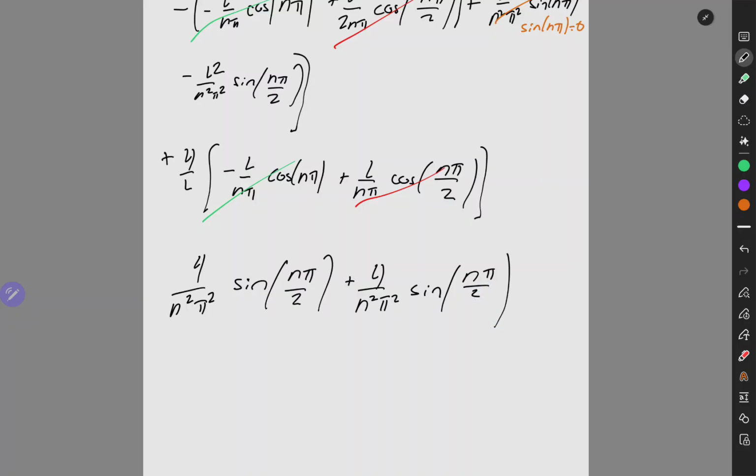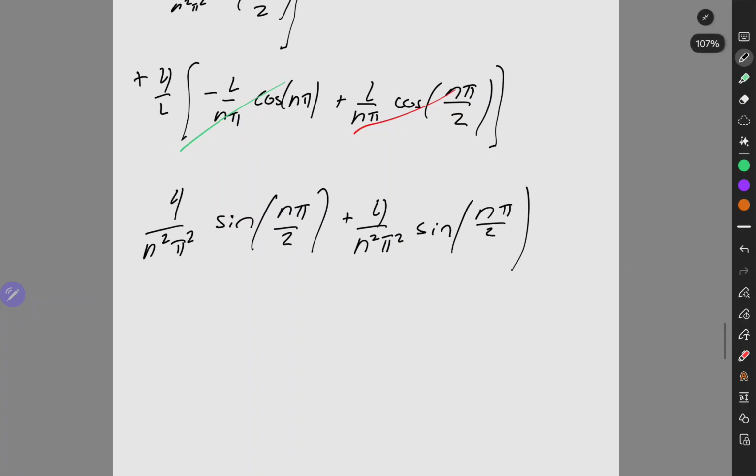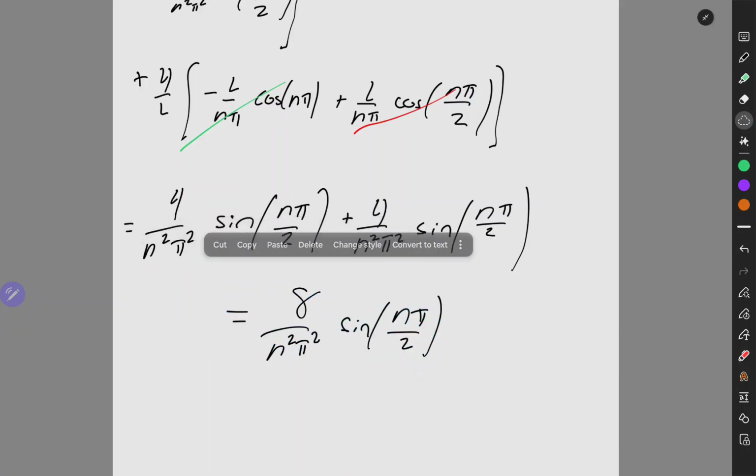Interesting. So those combined, that's just 8 over n squared pi squared times sine n pi over 2. Yeah, so that kind of sucked. So that's our C sub n.